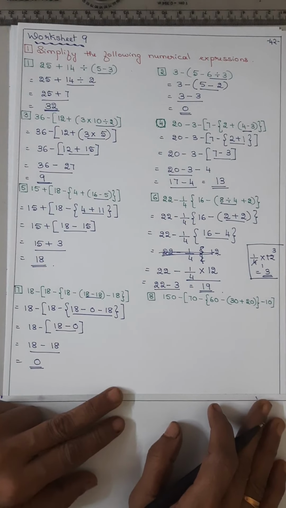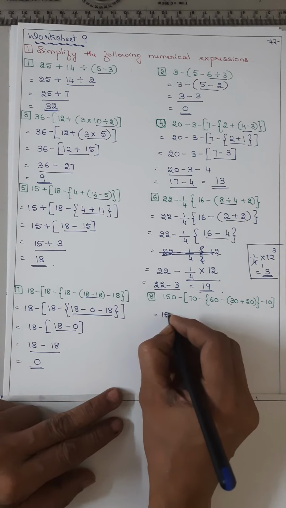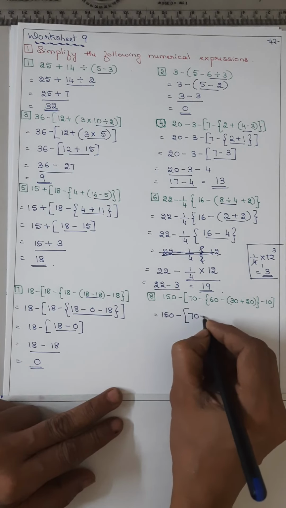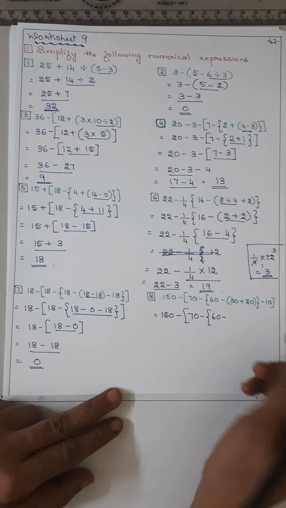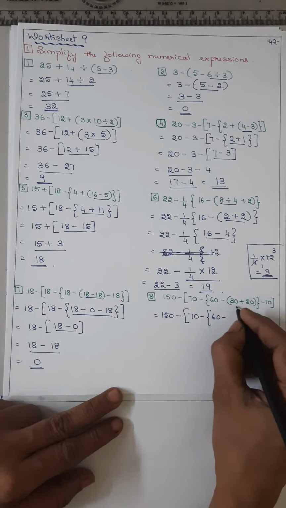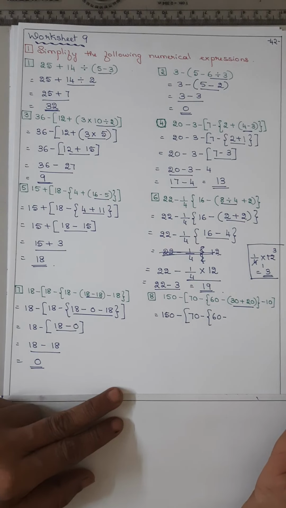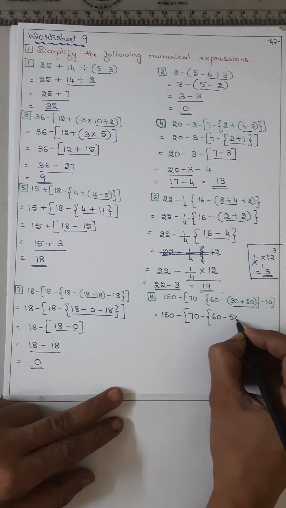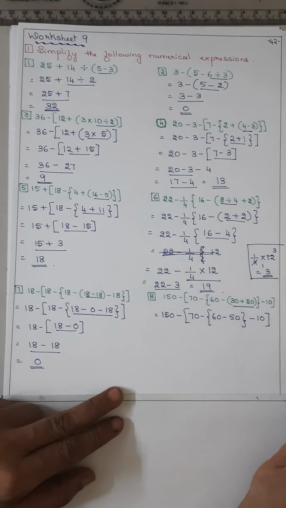Okay. Now coming to the last sum, it is 150 minus 70 minus curly bracket 60 minus, inside the round bracket, this one has to be done first. So 30 plus 20 is 50 minus 10.